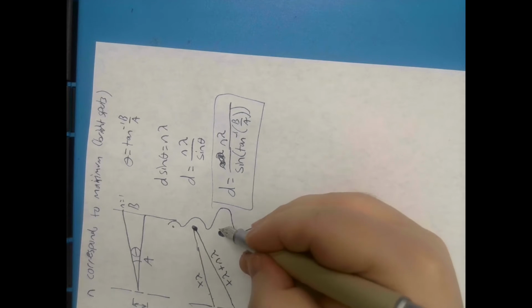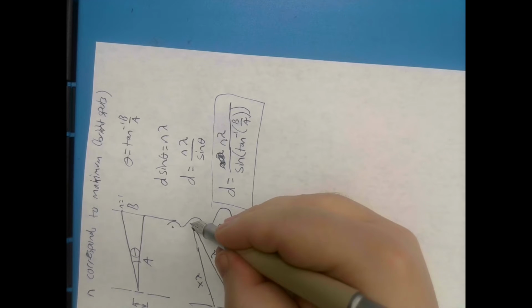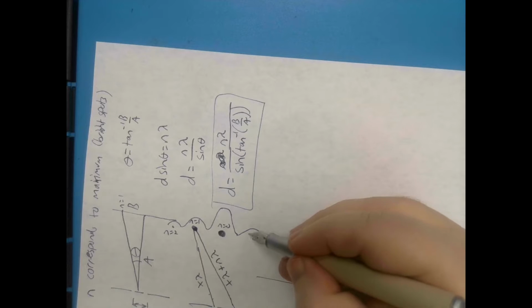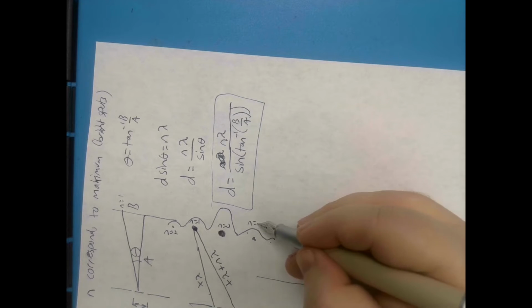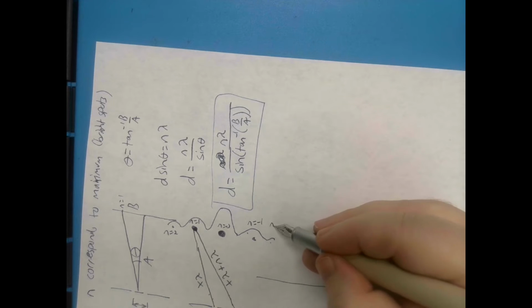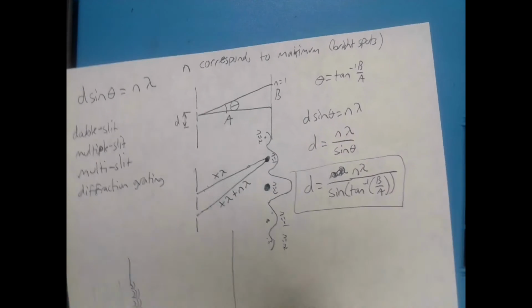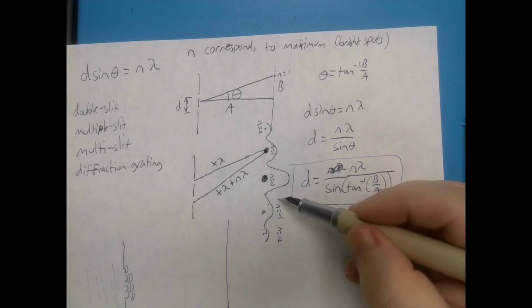We can see here is n equals 0, n equals 1, n equals 2, n equals -1, and n equals -2. But the bright spots correspond to our n.